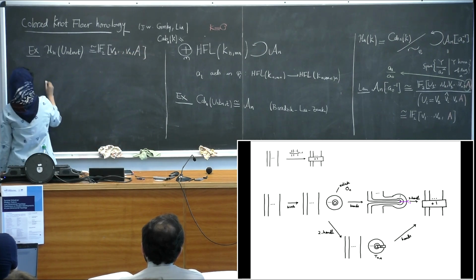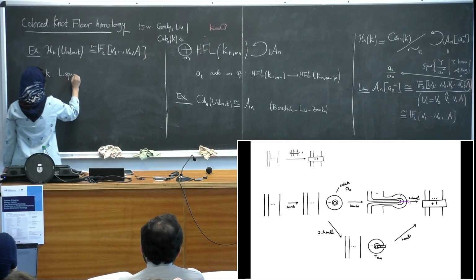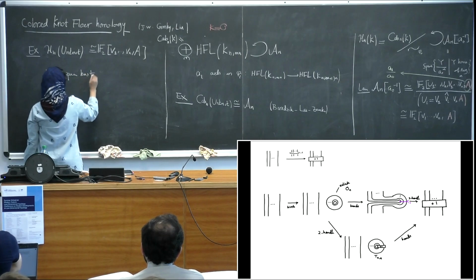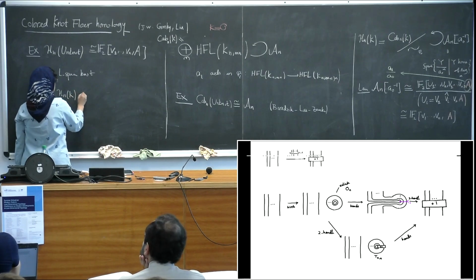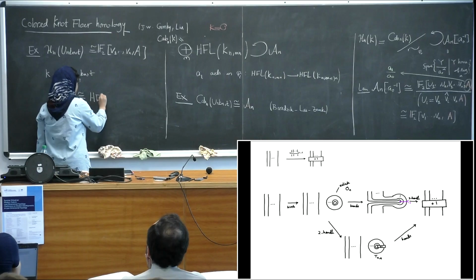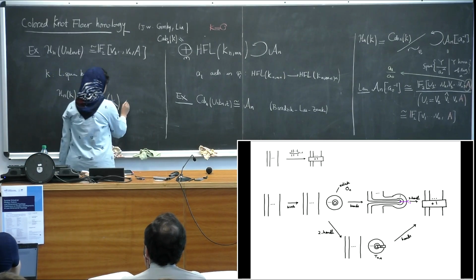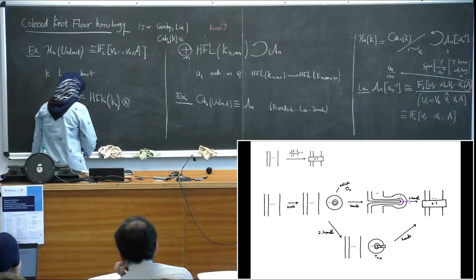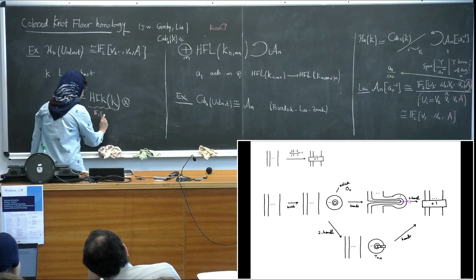And if K is an L space knot, then Hn of K is also not that interesting. It's just going to be H of K tensored. So H of K is a module over F2 adjoin U and V.